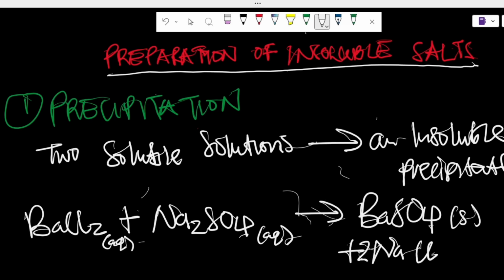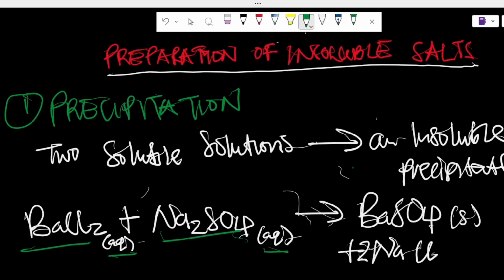So here you are going to have a 2 to make sure that the equation is balanced. So keep in mind, when you look at this, you are using two soluble solutions. In this case, barium chloride and sodium sulfate. And pay attention to the state symbols here. It is in aqueous solution or aqueous state.